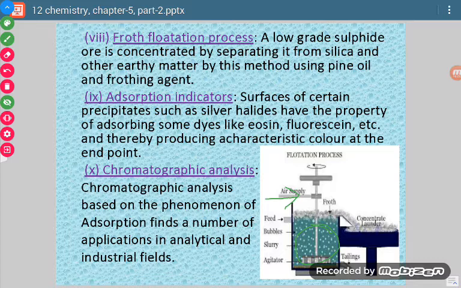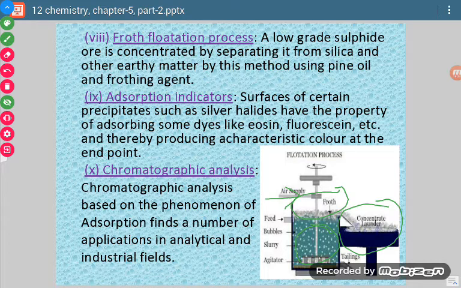Because of that, froth is formed. That froth helps in the adsorption of ore particles, and with the froth those ore particles rise up and are collected in another container, so all the ore gets concentrated there. So in that process also, the adsorption phenomenon is being used.